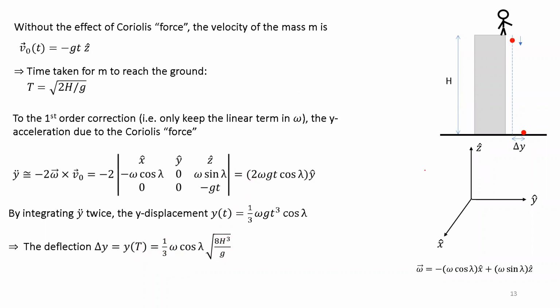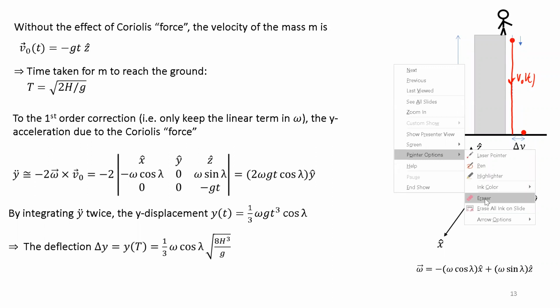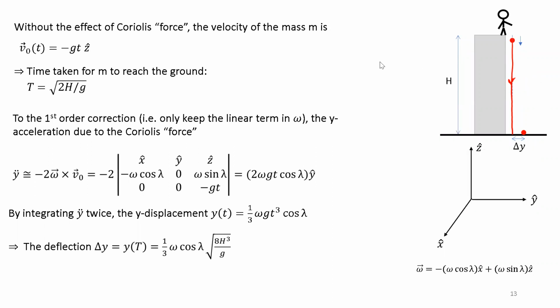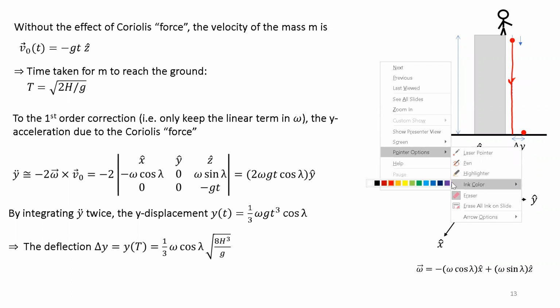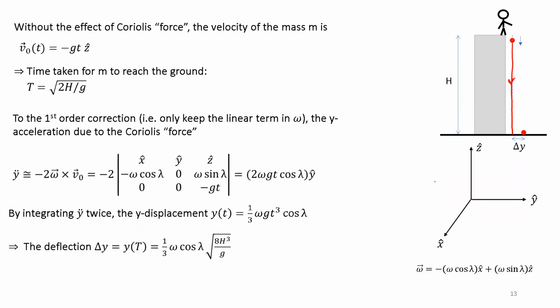So see how it works? If you don't care about Coriolis force, you get this straight line like this, with some v naught t. And then you substitute this v naught t into the second term, the Coriolis term. And then you find that the Coriolis force will be along the y direction.